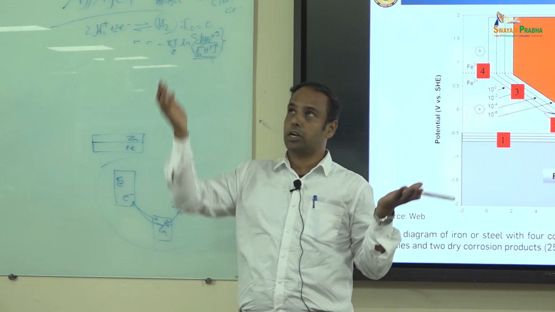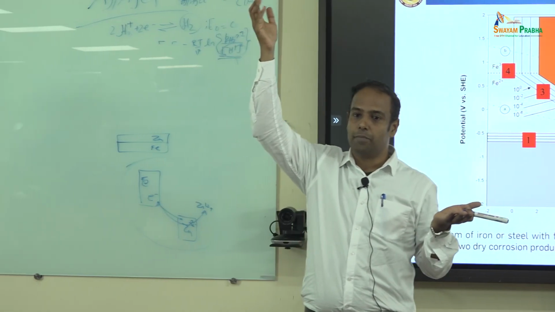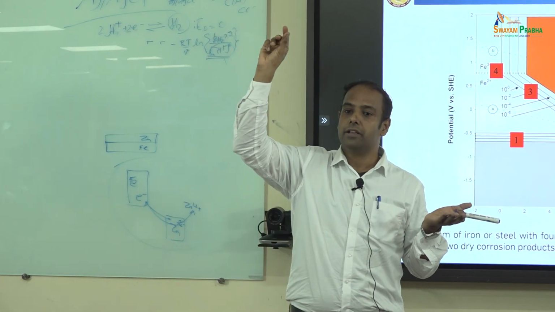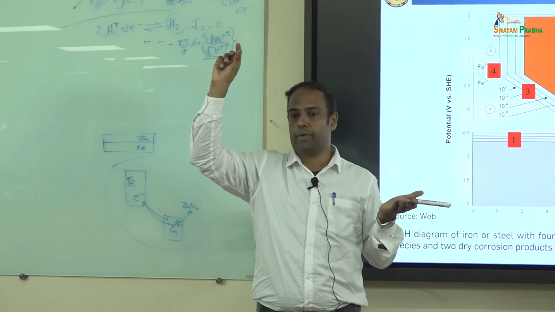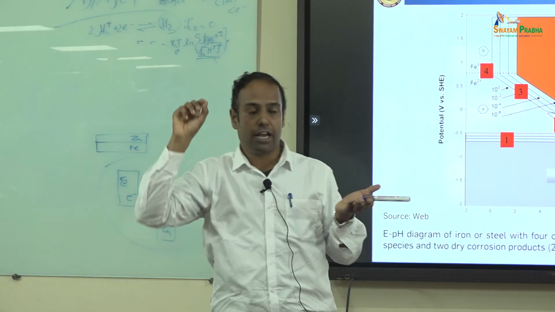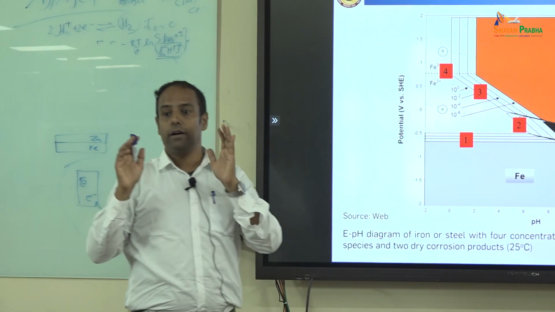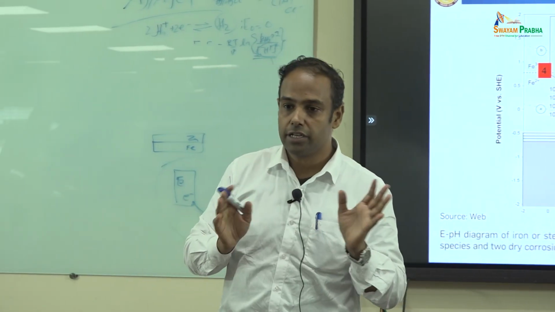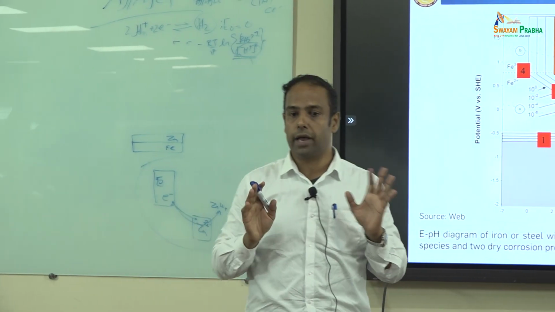It says only that water will move from the top to the bottom, but how fast or slow depends on the path and the pipeline, the kinetics, the rate determining aspect. So the thermodynamic aspect is only the feasibility of the reaction. You can't get kinetics information from the Pourbaix diagram.